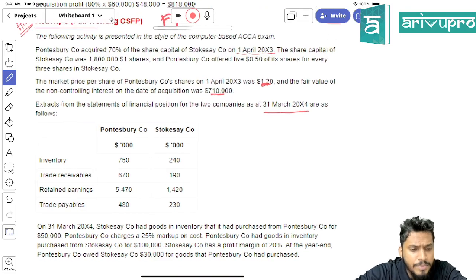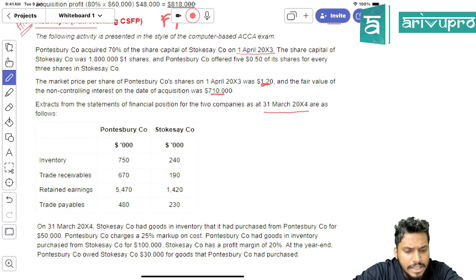And they have given P company's and S company's financial statements extracts, which means your balance sheet extracts. And they are telling that on 31st March, S company had goods in inventory. It had purchased from P company for 50,000. P company charges 25% mark-up on cost.